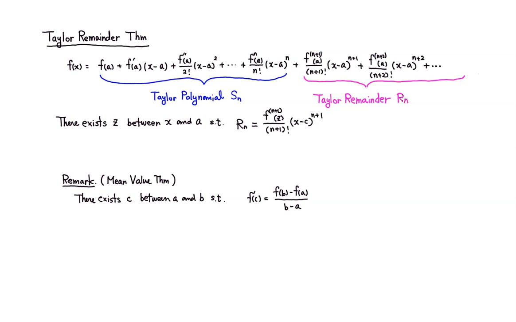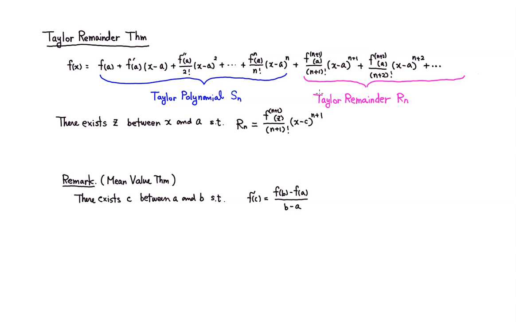Then the Taylor remainder theorem says that there will be a number z between x and a such that the Taylor remainder has exactly the same value as the n plus first derivative of f evaluated at z, over n plus 1 factorial, times x minus a to the n plus 1.